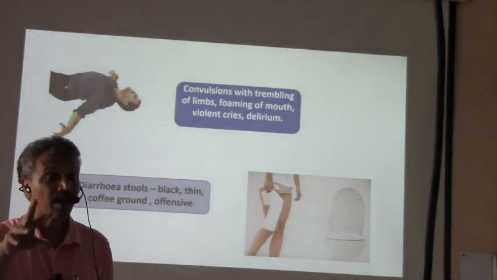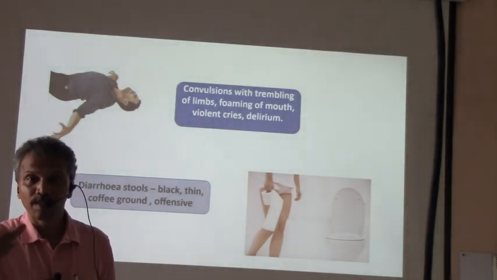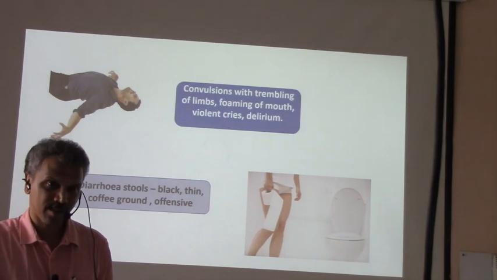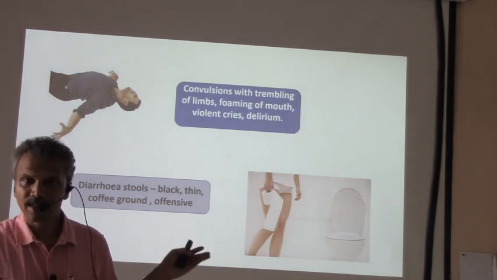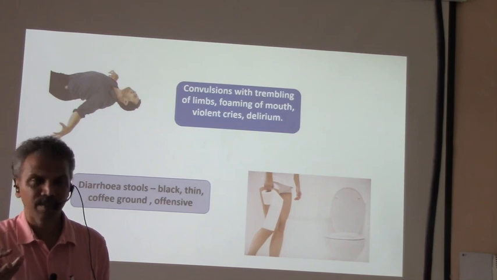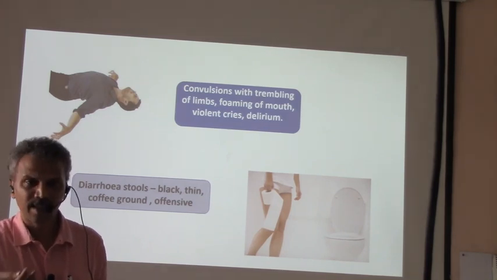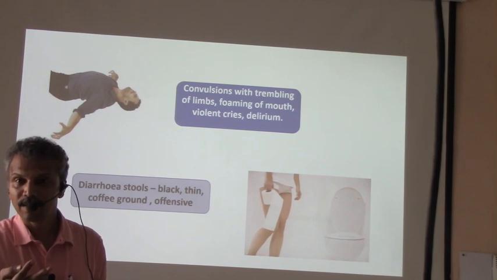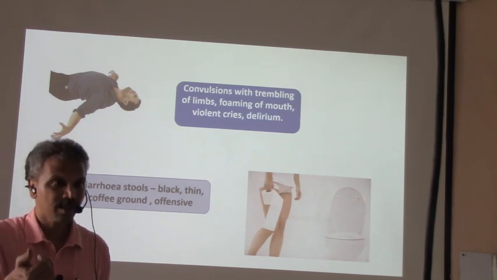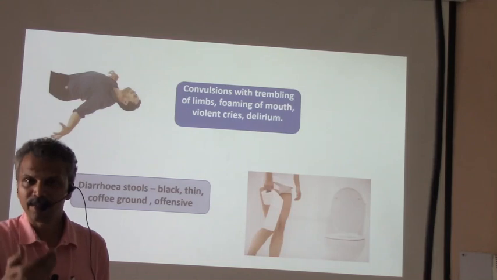I was trying to give you mainly the physical characters. Under that we saw hemorrhages, and we also spoke of convulsions, diarrhea, septicemia, and desires. What else did we speak of?